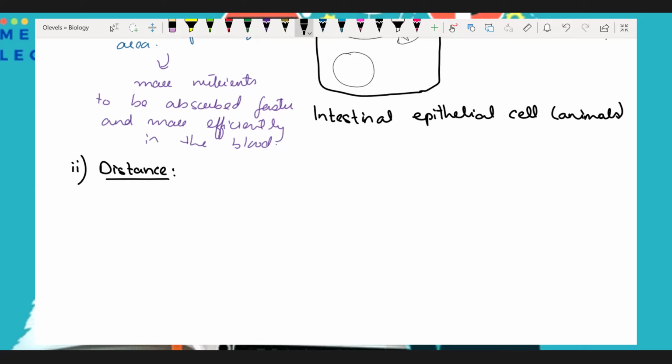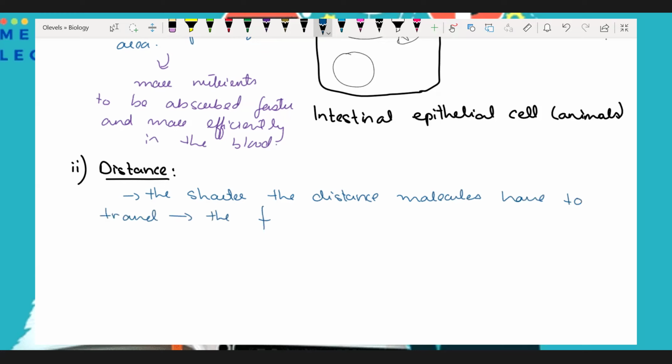In distance, we say the shorter the distance the molecules have to travel, the faster diffusion will occur.